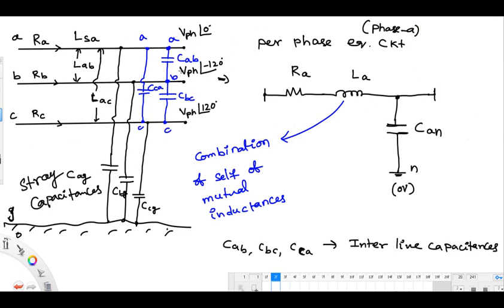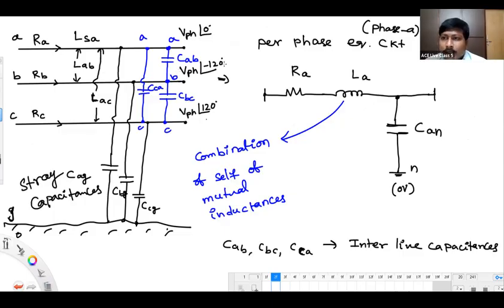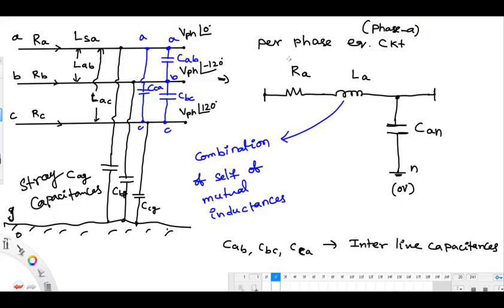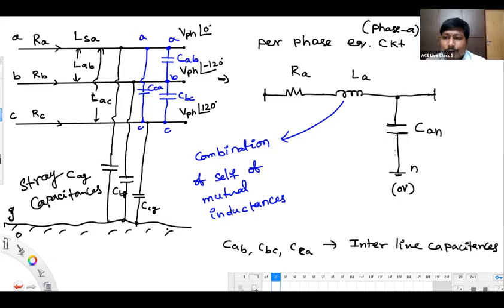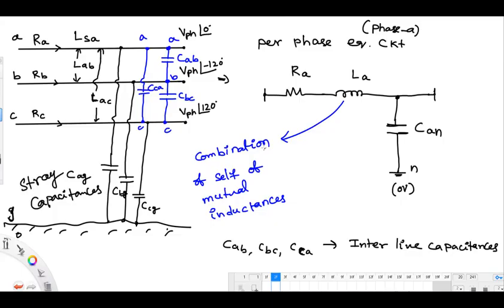When we convert it from delta to star, we get A to neutral, B to neutral, C to neutral, right? This is the A to neutral capacitance. Clear? Any other doubt you have, Tulsi?